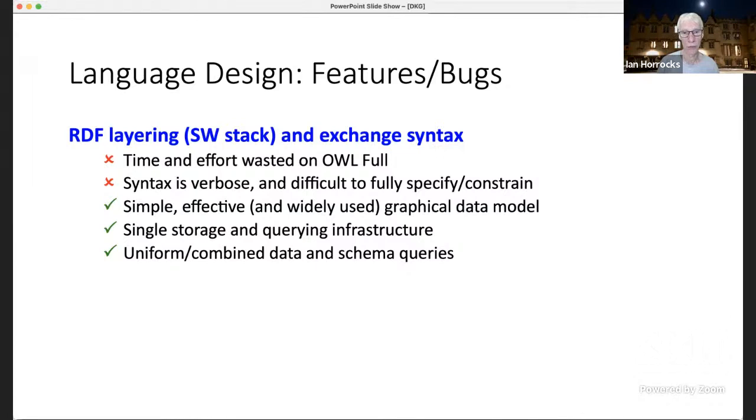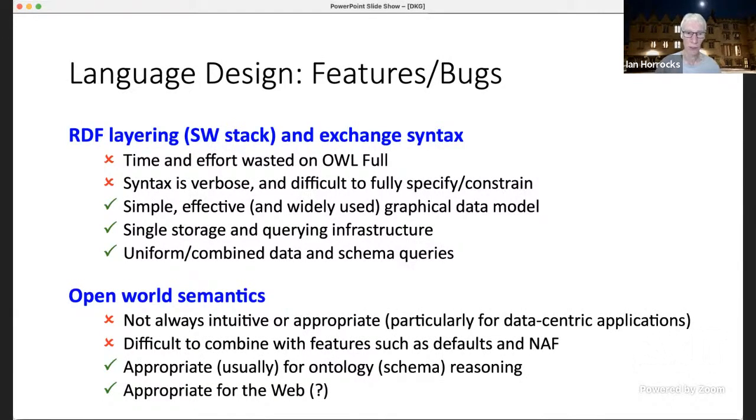So our ontologies and RDF data sources all had the same syntax and could be processed by the same infrastructure. And you could even use the query mechanism to ask questions about the structure of the ontology as well as about the data, which can be quite useful.